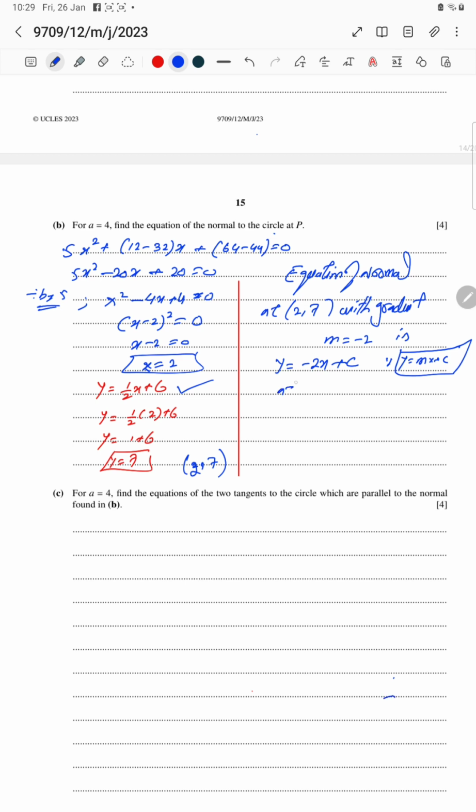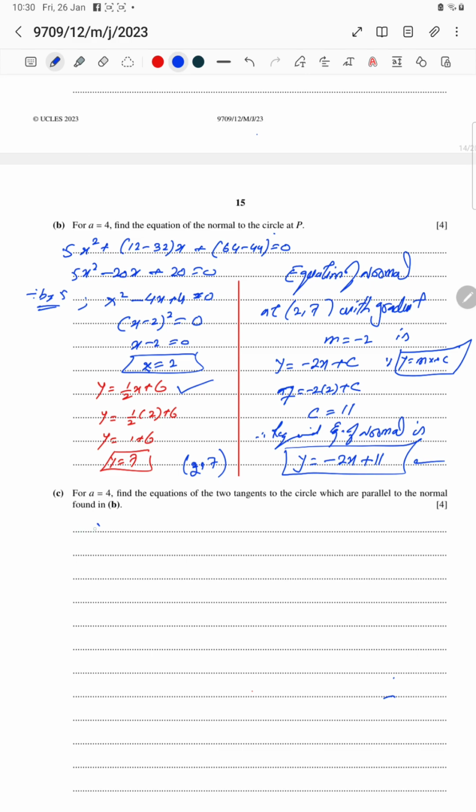So at point (2, 7), y is 7, minus 2 times 2 plus c, c becomes 11. Therefore the required equation of normal is y equal to minus 2x plus 11. I hope it is clear.